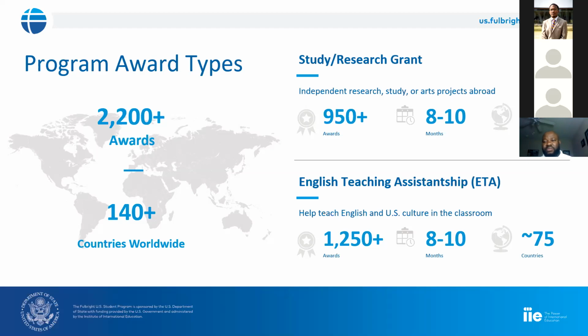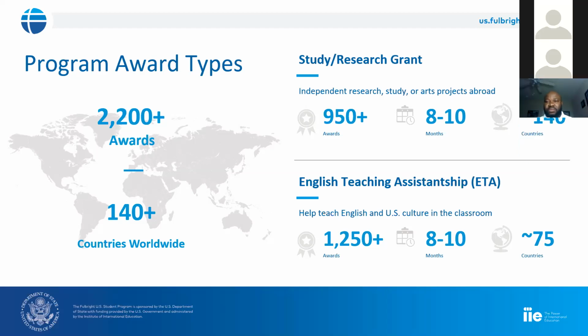Not to say that they can't do the English teaching assistantship, but it is more common for people with more advanced degrees to do the study or research grant versus the English teaching assistantship. Feel free to come up if you have someone else. But I just wanted to say that with her.